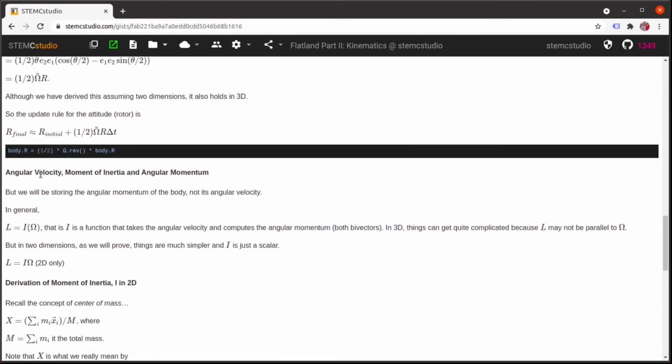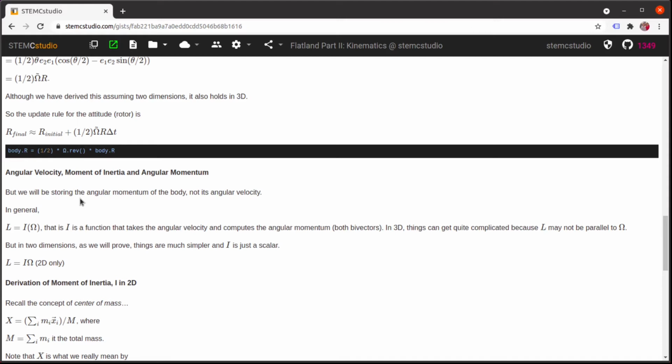So let's look now at the problem that we have, which is similar to what we had with the position update, which is that we didn't want to use the velocity, we wanted to use the momentum. And similarly here, we don't want to use the angular velocity, we want to use the angular momentum, we want to store that.